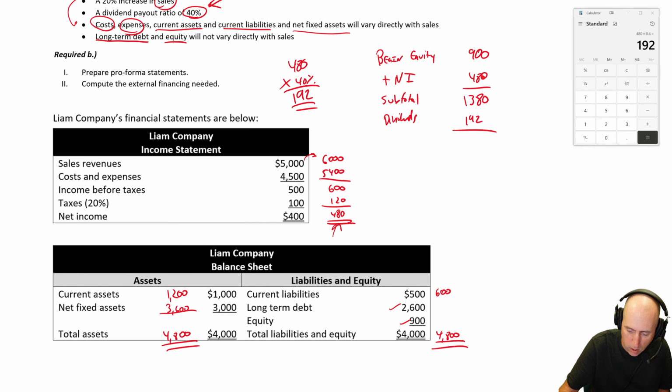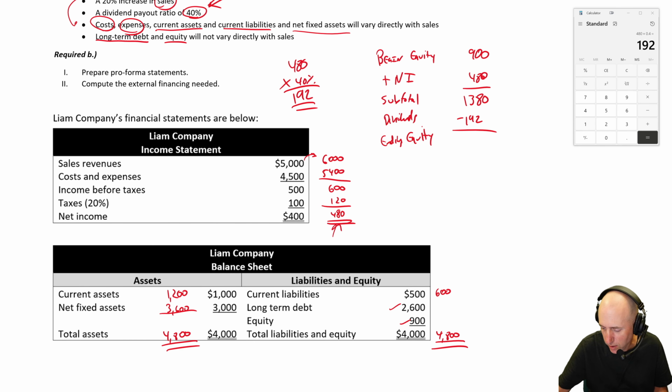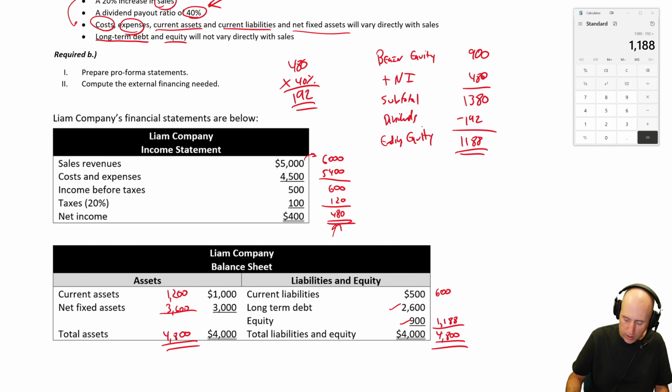So our ending equity is 1380 minus 192. It's 1188. Okay, so our ending equity is 1188.